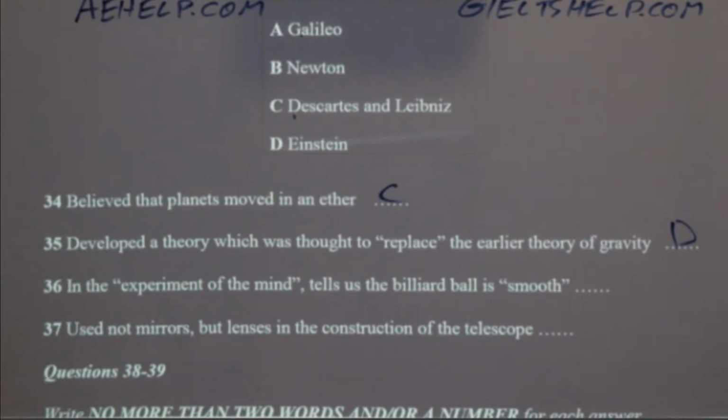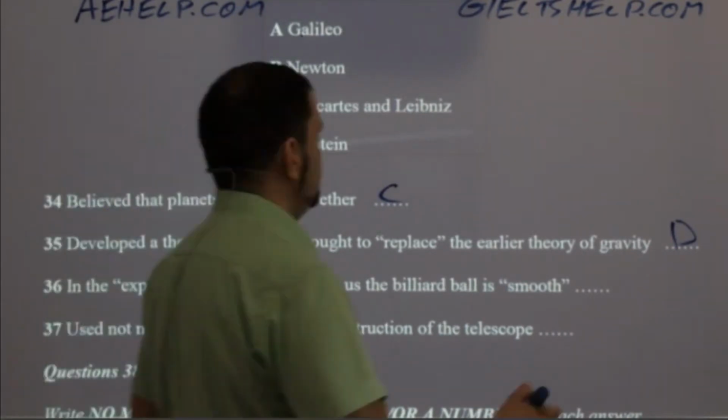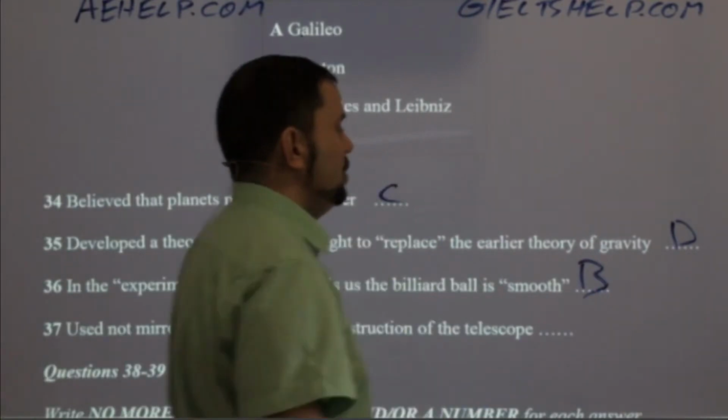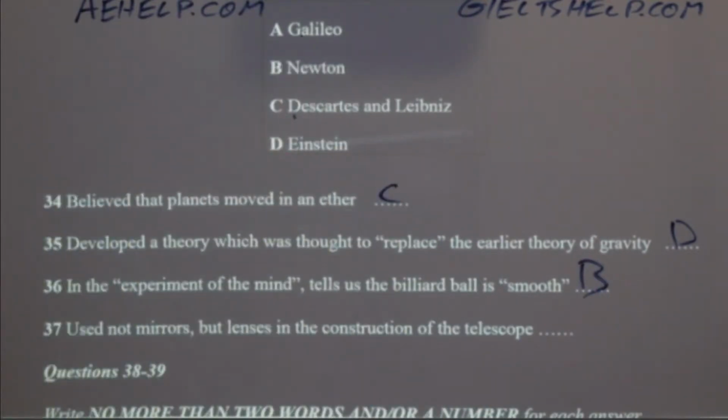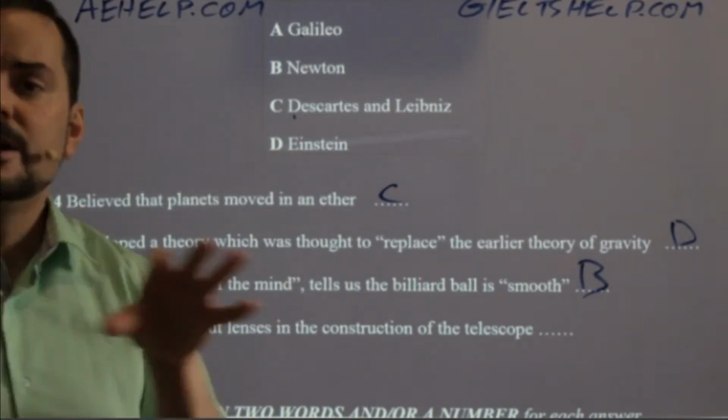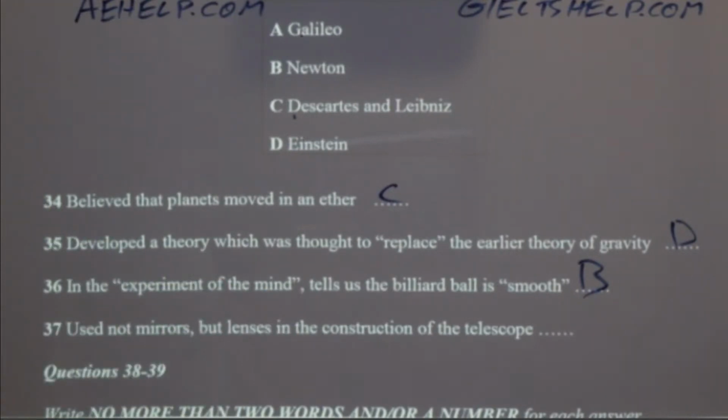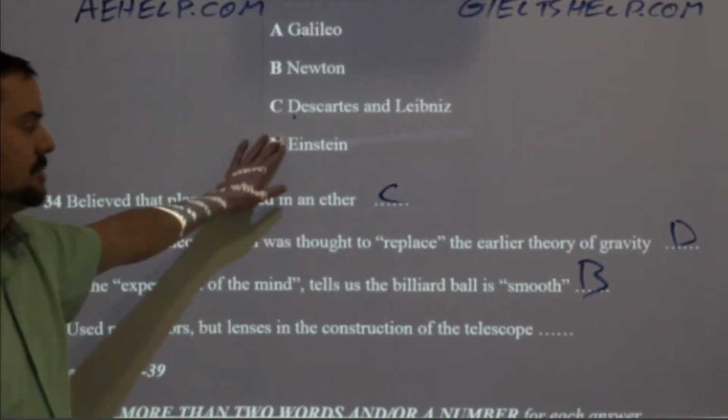Okay, what's the correct answer there? Yeah, that was B. So, that was Newton, right? So Newton's theory says it's smooth. Okay, but Einstein's theory said that no, it's got some scrapes and some dents if you look at it close, right? And that was explained with that macro and microscopic scale.